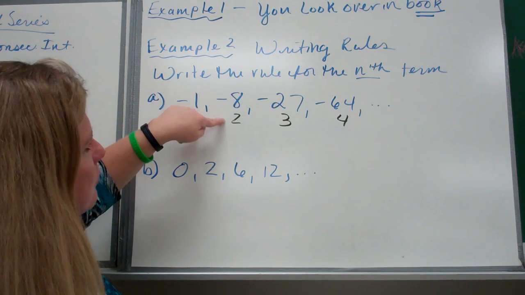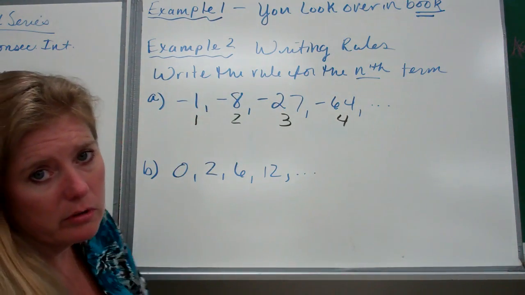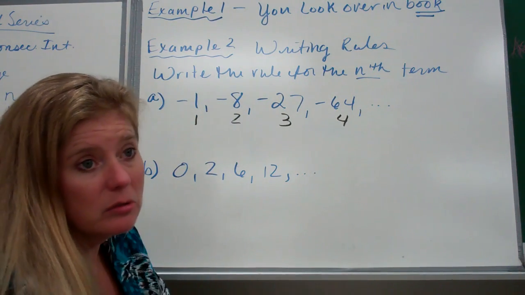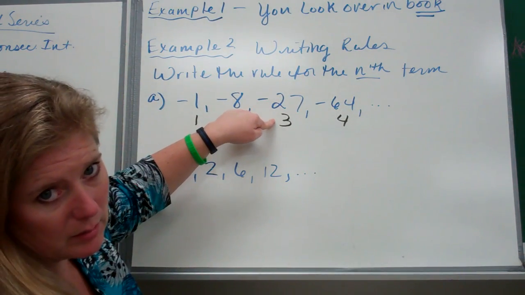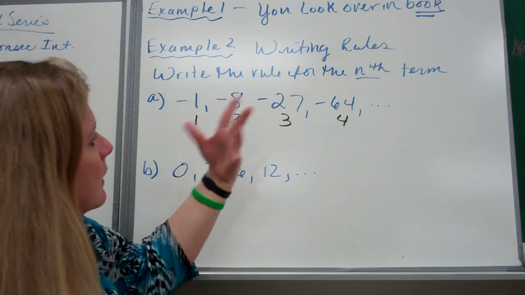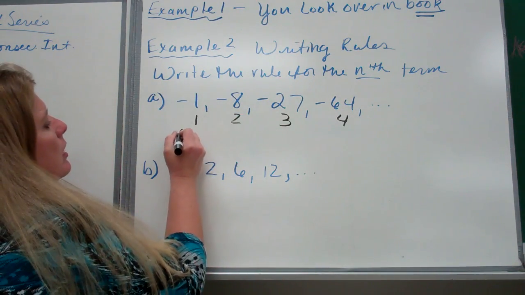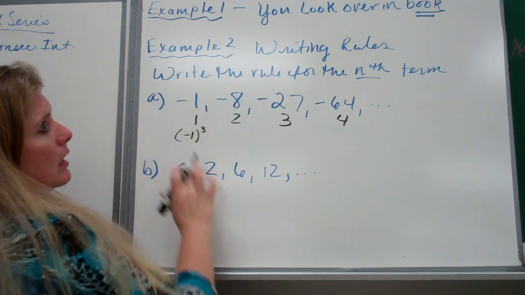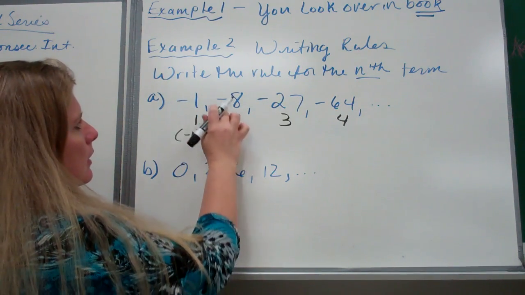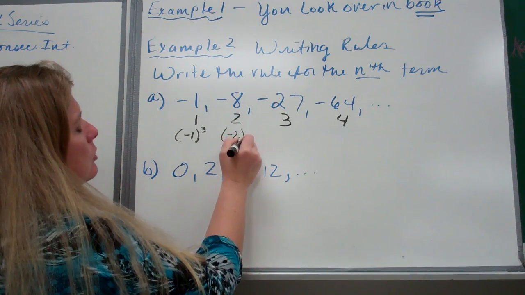But 2 times 2 is 4... and 2 times 2 times 2 is 8. And that times -1 is -8, or -2 times -2 times -2, oh, that's -8. How about -3 times -3 times -3? That's -27. So it's safe to say that this is -1 cubed, right? Because -1 cubed is -1. -8 is -2 cubed.